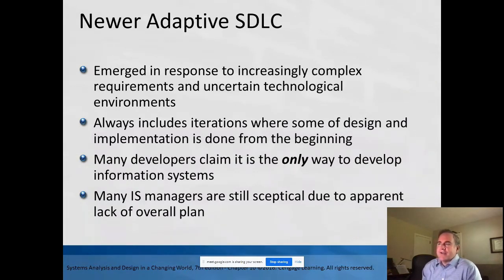I don't know if I really agree with this first point, which is from the text that says emerged in response to increasingly complex requirements and uncertain technological environments. What I don't agree with is I don't agree necessarily with the fact that the requirements were increasingly complex. I think they always were complex.